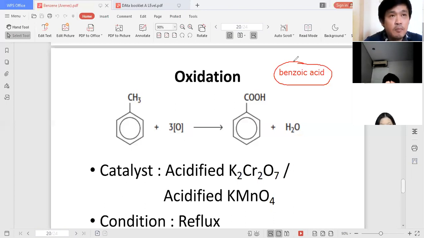So for making bread, we cannot use benzoic acid. Why? Because it has the wide range. If in bread we use benzoic acid, the yeast will not grow and it will not become bread, but it will become unyeasted bread, bread without yeast. So this one can be used in the biscuits.